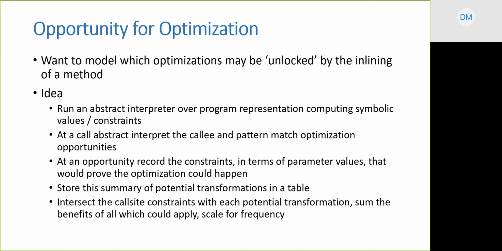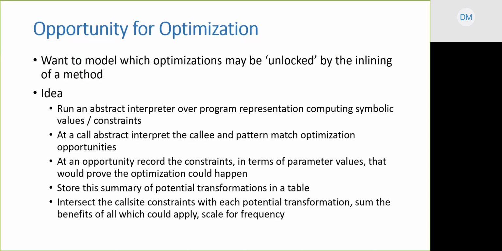So when you pass a parameter in, you have a constraint associated with that parameter. You have other constraints that are coming in from the callee. You're intersecting those two, and if something better happens as a result of that intersection, you say there's a benefit. Well, basically you have the method summary table where you have these potential optimizations and the constraints which must be satisfied.